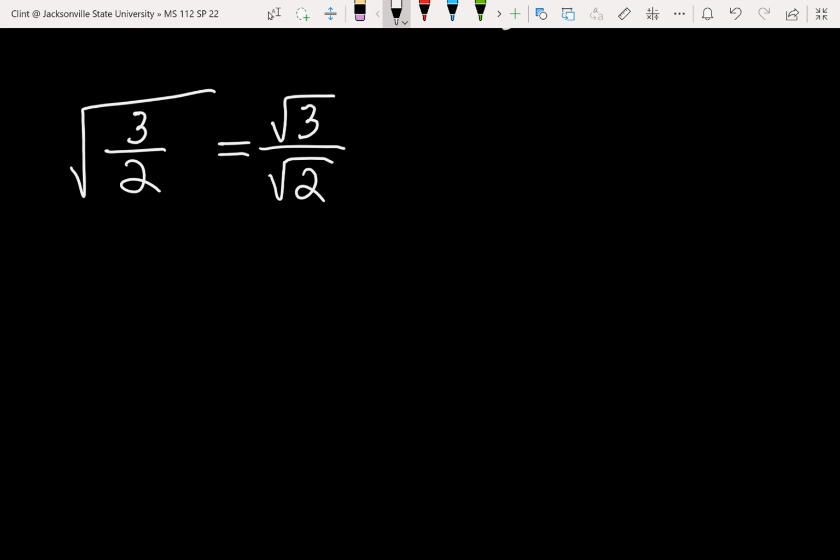So these two, same. Now what? If we want to get rid of the square root of 2 in the bottom, what should we multiply by? Square root of 2 over square root of 2.